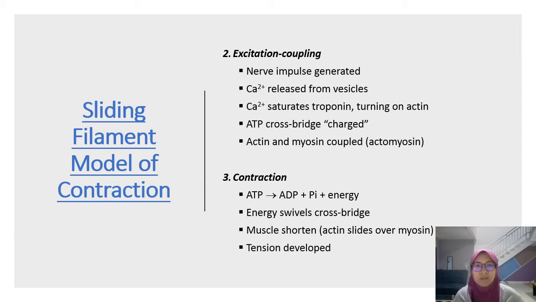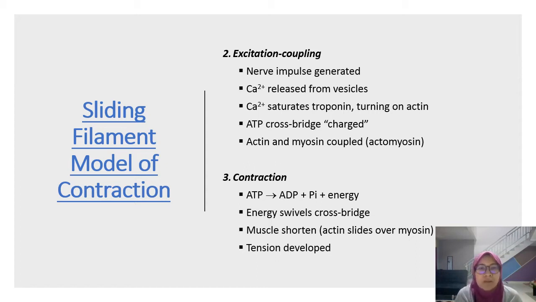Calcium ions are released from the vesicle, which means the SR. Calcium ions saturate troponins. Calcium ions combine with the troponins, turning on the actin active site. ATP cross bridge charged, actin and myosin coupled.